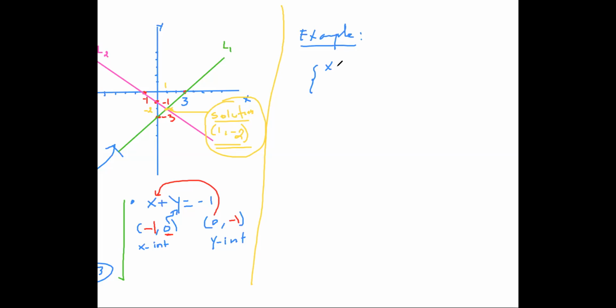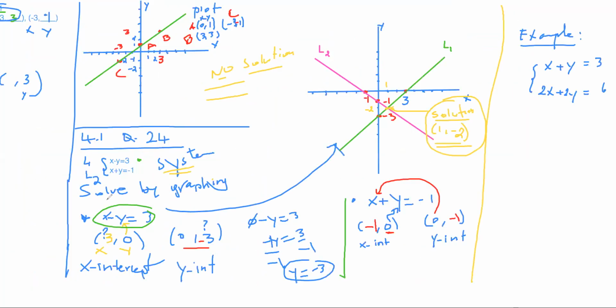So let's do this one here. 3 and maybe 2x plus 2y and 6. Let's again solve by graphing. Okay, same question. Solve by graphing.